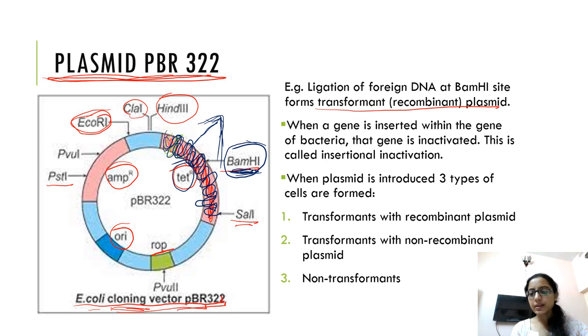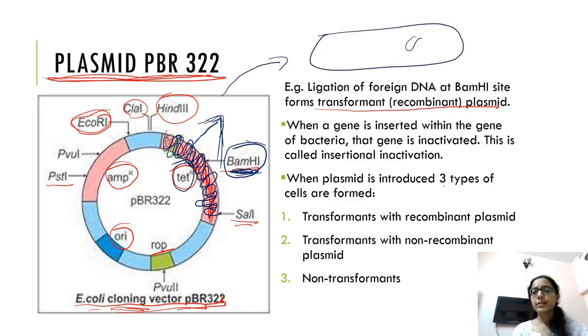When the plasmid is introduced, three types of cells are formed. Now when this plasmid, which is having the gene of interest, is introduced into the host cell, this is the host DNA. After entering, three kinds of cells can be produced.